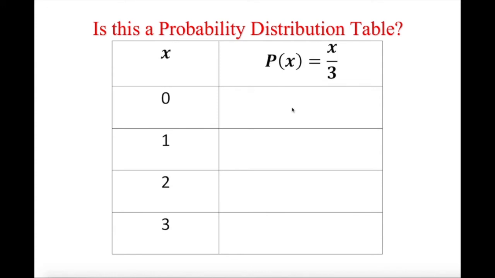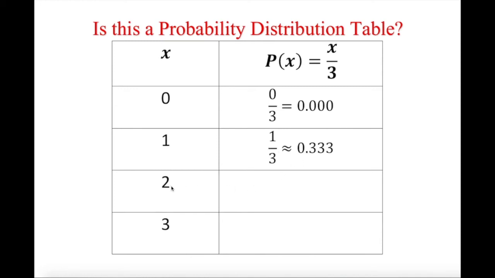We look into this and easily we can find out 0 over 3 is obviously going to be 0. Now, for x equal to 1, we are going to put down 1 over 3, and that would be approximately 0.333.